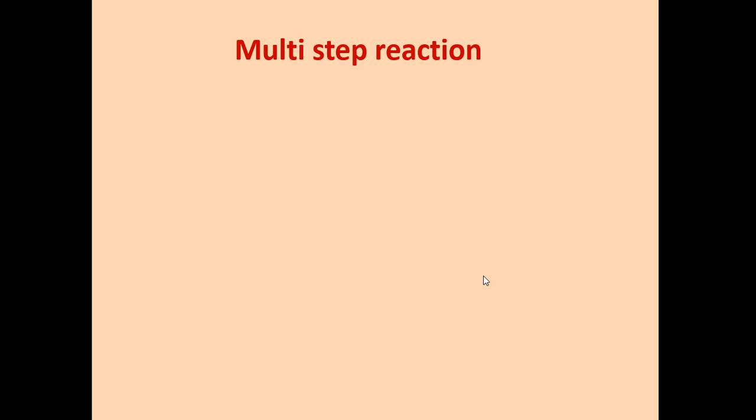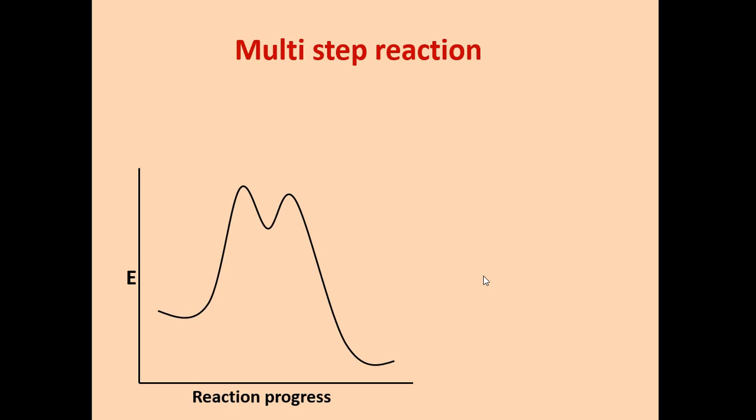Next we come to a multi-step reaction. In a multi-step reaction, the energy progresses during the reaction as shown in the graph. You find the reactant and the energy corresponding to the product. This is for a two-step reaction. The energy changes during step 1 are indicated, and the energy changes during step 2 are indicated.